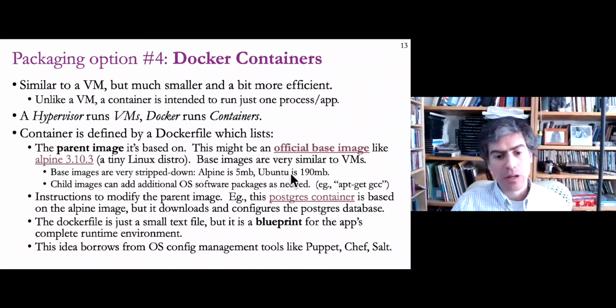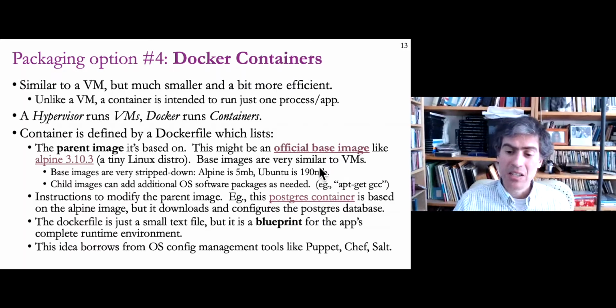The Ubuntu image for Docker is 190 megabytes. That's much bigger, but that actually still is really small. So this is a really stripped down version of Ubuntu. Basically, it has the kernel plus only the most basic tools that Ubuntu needs.